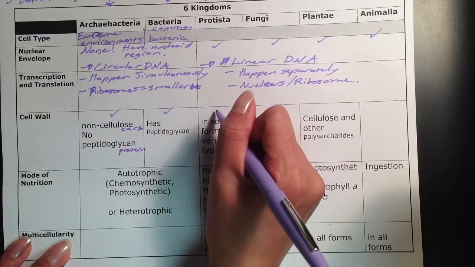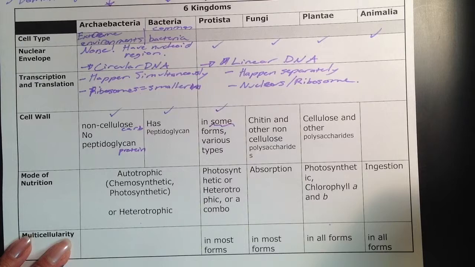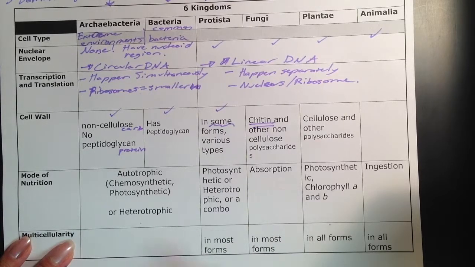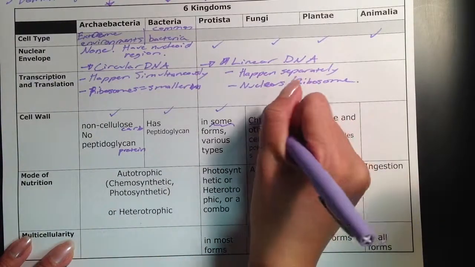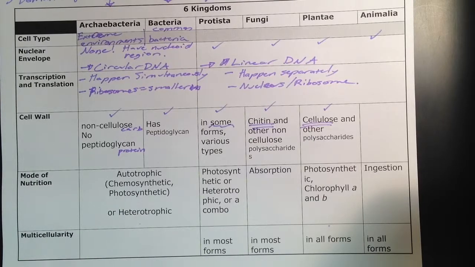In the protist kingdom, yes, we do have some with a cell wall. In fungi, we have generally a chitinous cell wall, and again, not a cellulose cell wall. Plants, we also have a cell wall, but it's going to be cellulose and other polysaccharides.